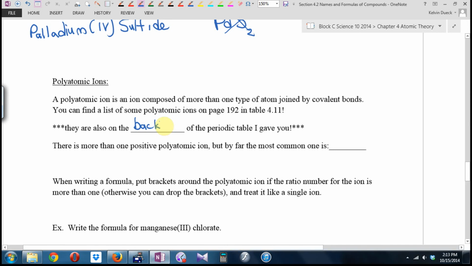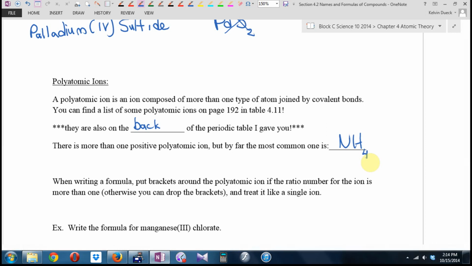If you look at the chart, in real life there is more than one positive polyatomic ion, but what's the most common one? The only positive one on the back of the periodic table? Ammonium, formula NH4. So now I have to take back my rule: if it starts with a metal, it's ionic.